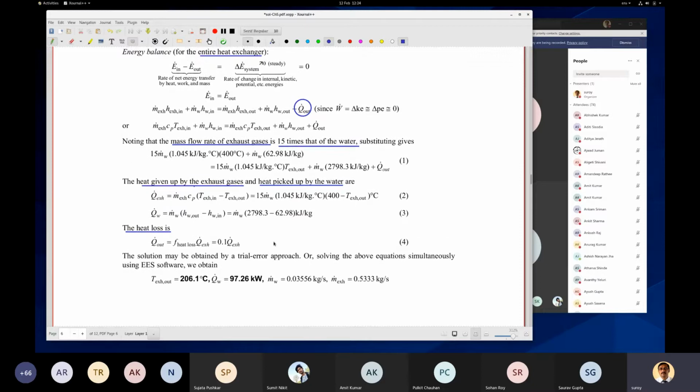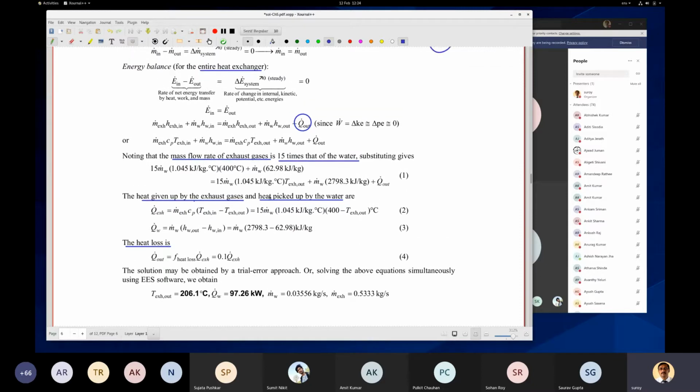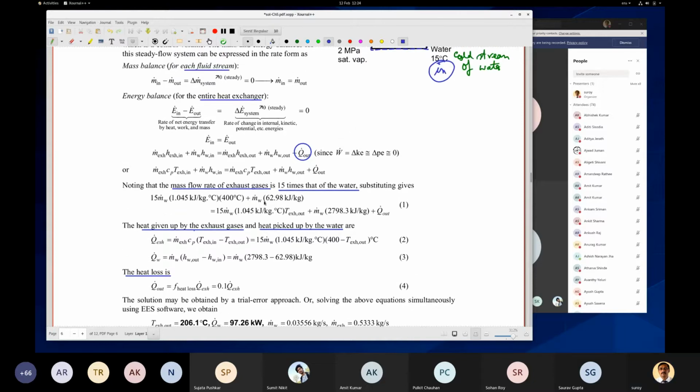Because of solving several equations together, you may need some kind of an iteration approach, trial and error, because every time you have to look up the properties. For air, it's an ideal gas, exhaust gas if you take it.